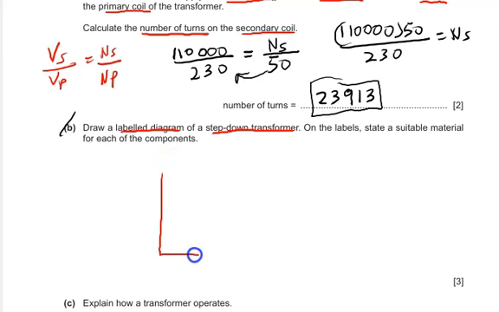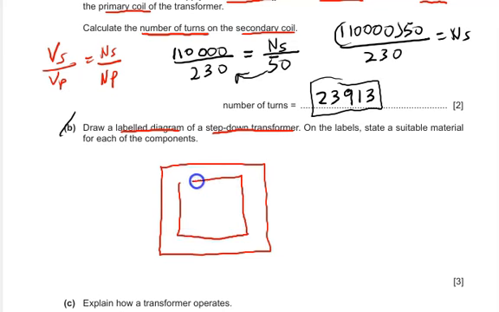Okay, just draw a square and another smaller square in the middle. This is step down, so make sure you have more coils in your primary and fewer coils in your secondary.